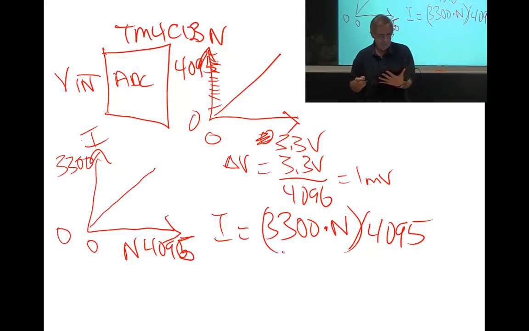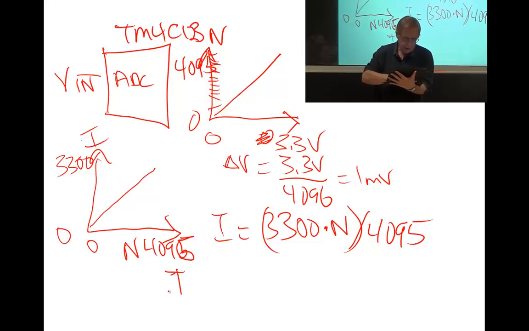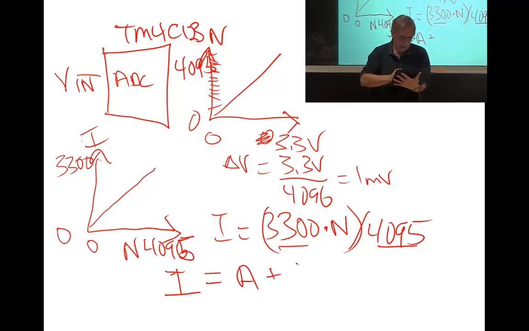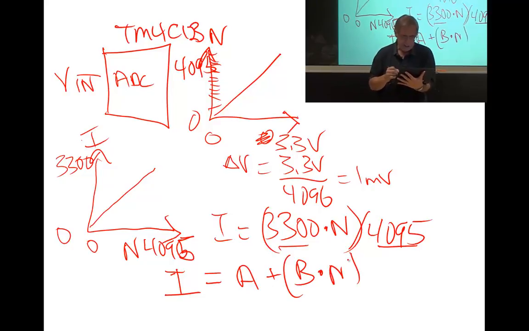But to make it more realistic, I'm going to want to calibrate it because these constants are the theoretical values. And so rather than using the exact theoretical values, I'm going to find a calibration constant A and another calibration constant B. And then I'm going, because this is a calculation, right?